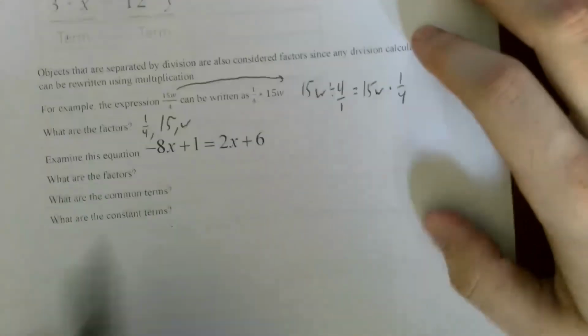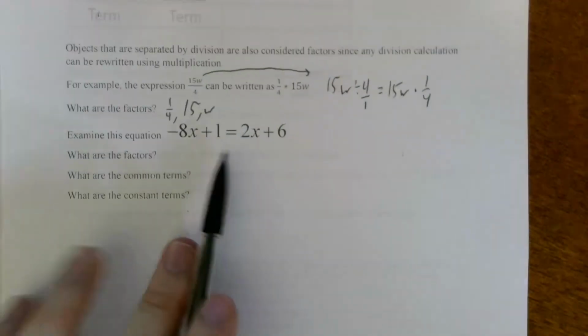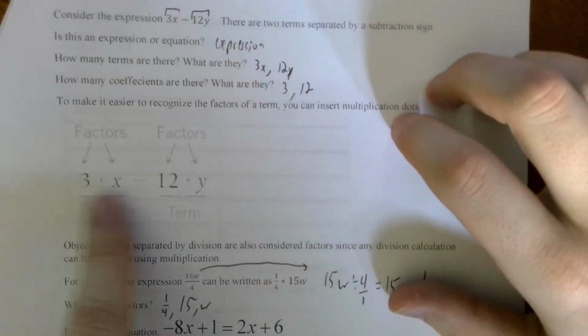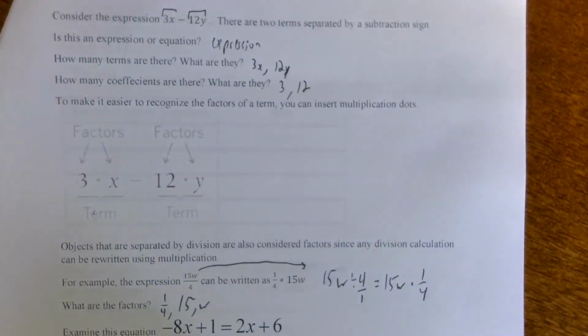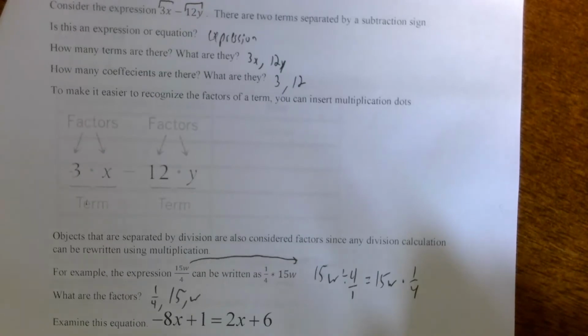Okay, let's examine this equation. So I have negative 8x plus 1 equals 2x plus 6. So that's what my factors are. So if I look back up here, I have factors, these two things are being multiplied together, and these two things are being multiplied together, right? So let's look at that. It looks like I'm multiplying negative 8 and x together.